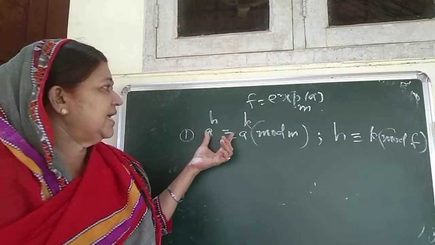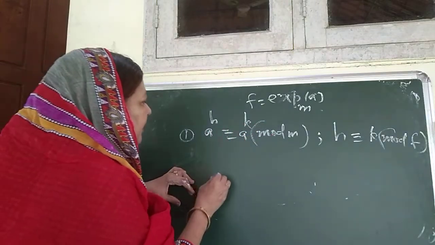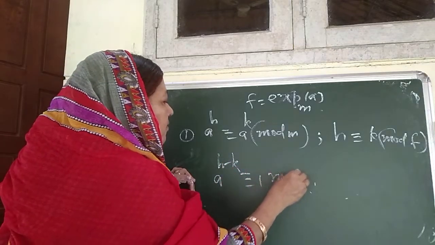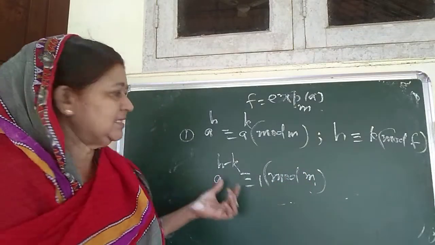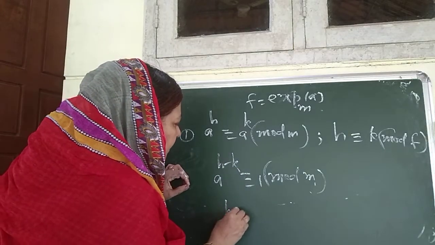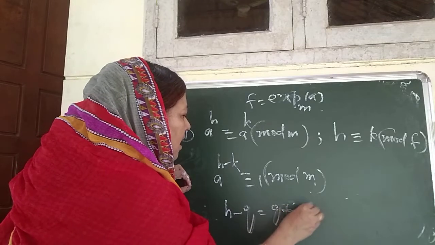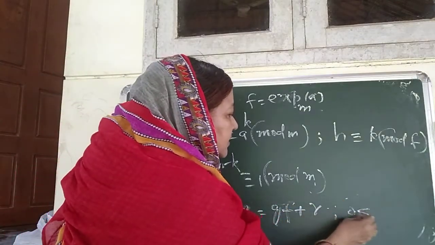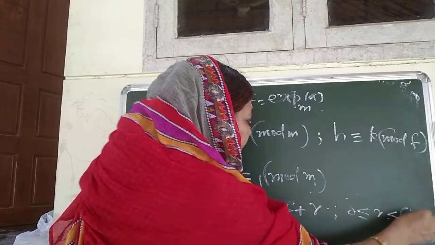Then, since a raised to h is congruent to a raised to k modulo m, we can write a raised to h minus k is congruent to 1 modulo m. So we assume that h minus k is a positive integer. Let h minus k equal qf plus r, where r is a number such that 0 is less than or equal to r less than f.